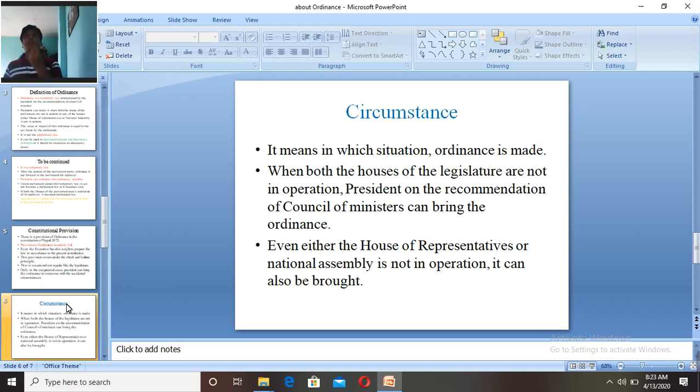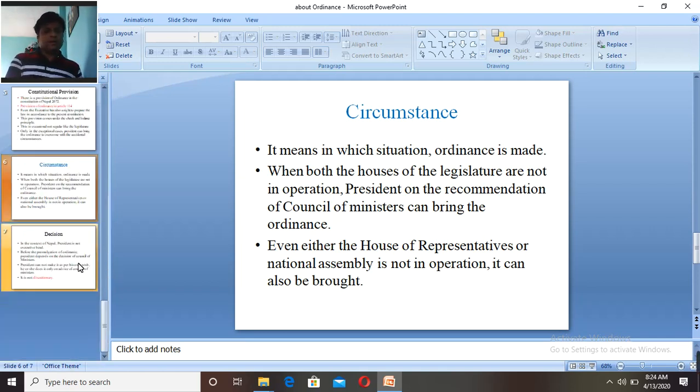Why does the president not bring it himself or herself? Because in the context of Nepal, the president is not the executive head of the state. The president is the head of the state, but the president is not the head of the rule of the state. So even if either the House of Representatives or the National Assembly is not in operation, it can also be brought.